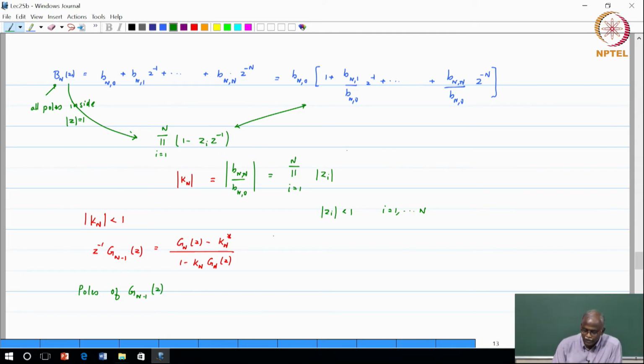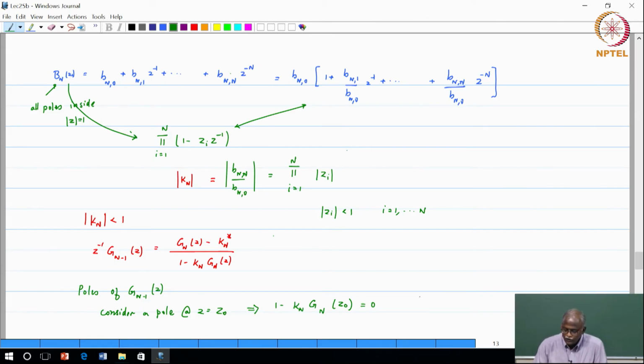So, Gn minus 1 poles, supposing there is a pole at Z naught, consider a pole of Gn minus 1 at Z equal to Z naught. This would imply 1 minus Kn Gn of Z naught is equal to 0, that would have to be 0.